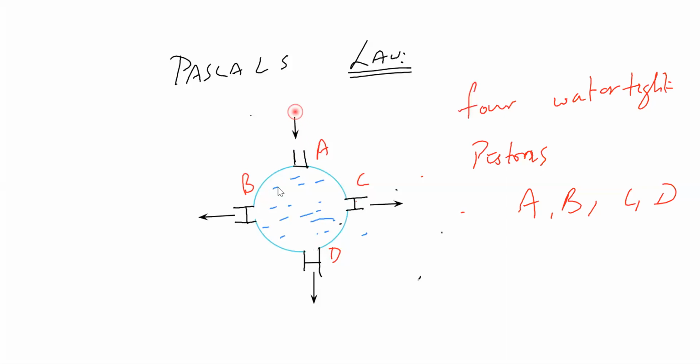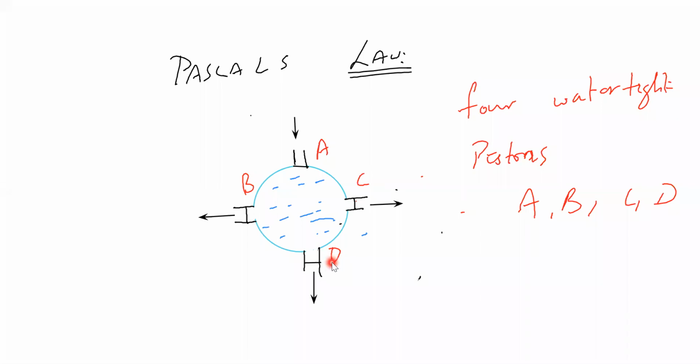So what I am doing is pushing this piston to this particular point. If I push this thing, we can see B, C, and D.